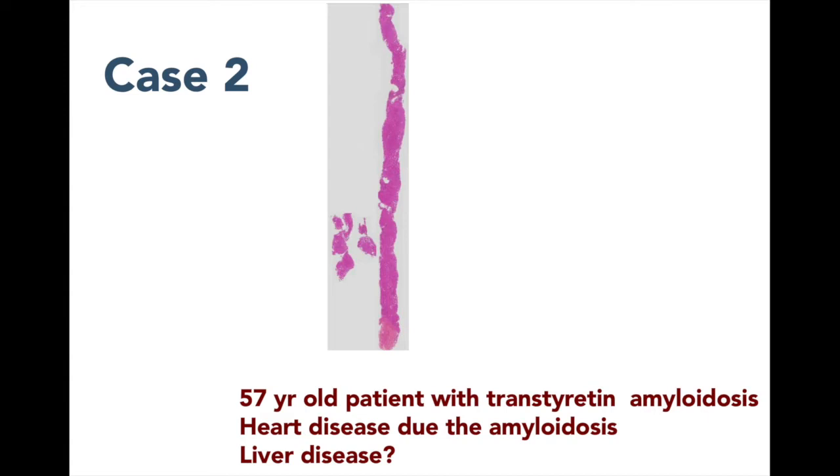He has a heart disease due to the amyloidosis, and during the workup for an eventual heart transplant, the liver seems dysmorphic, and the clinicians want to know if there's also a cirrhosis, a liver disease, because if there is liver disease and cirrhosis, they will have to transplant both the heart and the liver. So it's a very important specimen with major clinical implications. And now we will look at the slides.